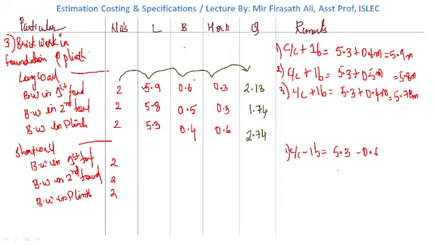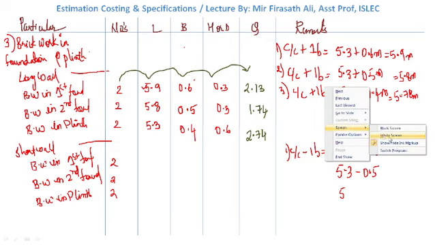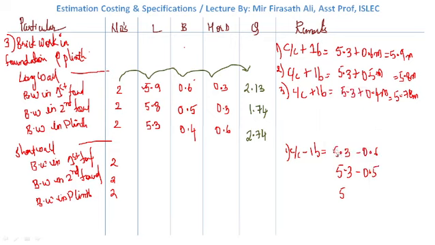Second one, 5.3 minus 0.5. Sorry, this is not 5.3. What is the center to center distance of the short wall?